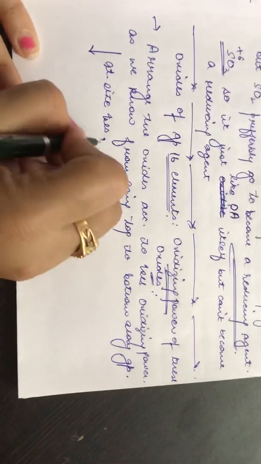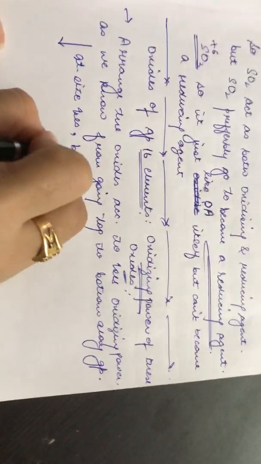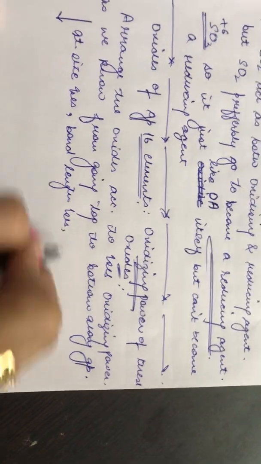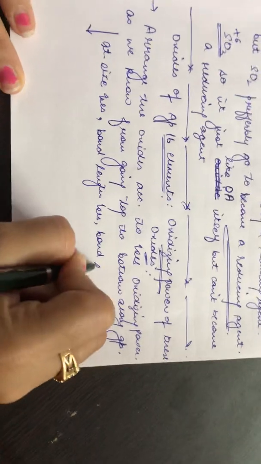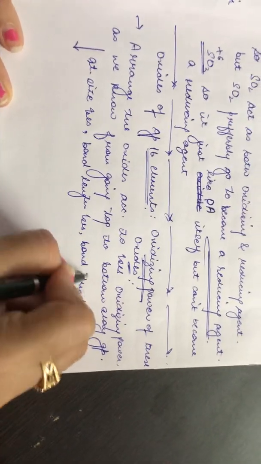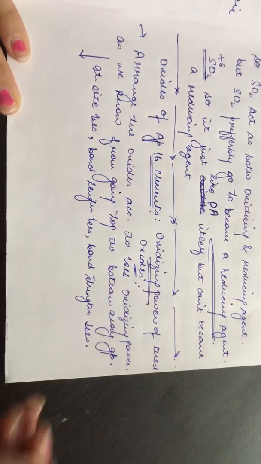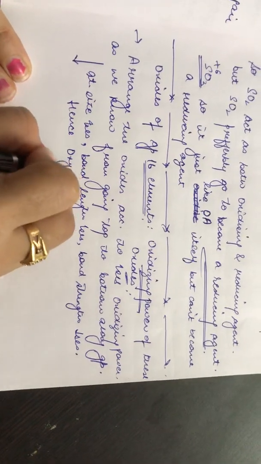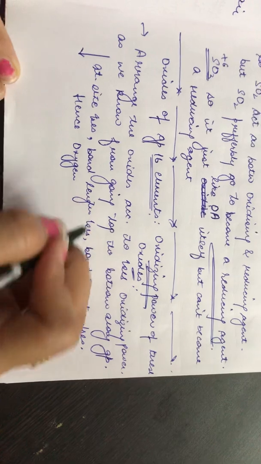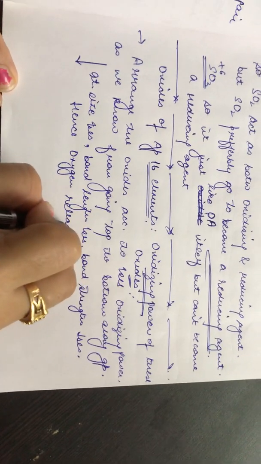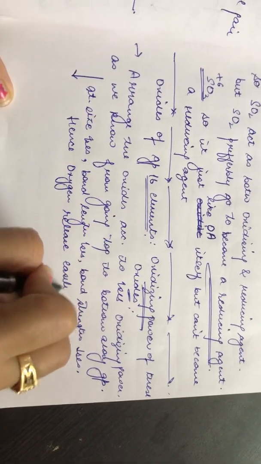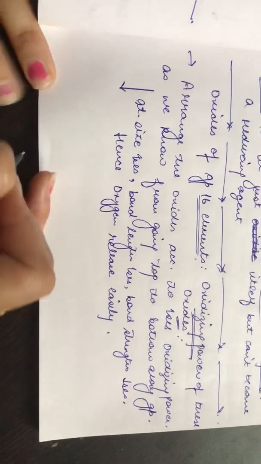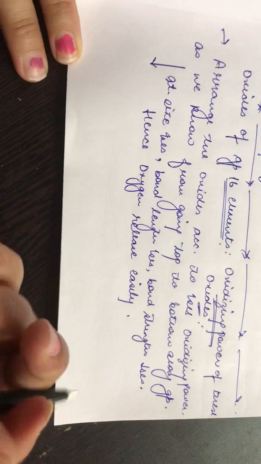As atomic size increases, bond length increases, bond strength decreases. Hence, oxygen is released easily. So top to bottom oxidizing power increases.